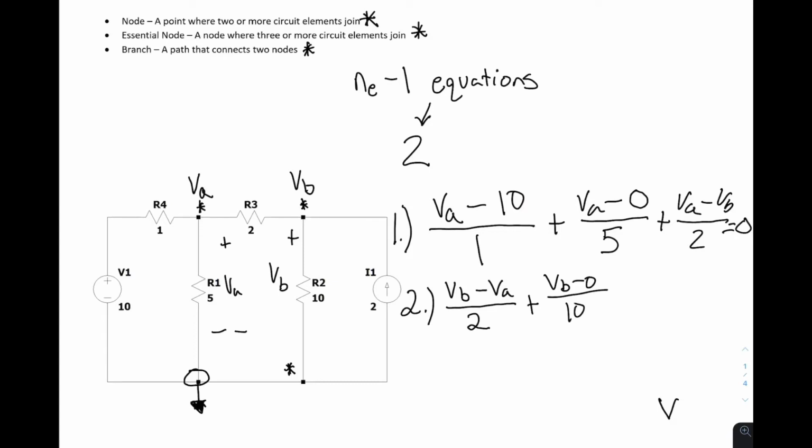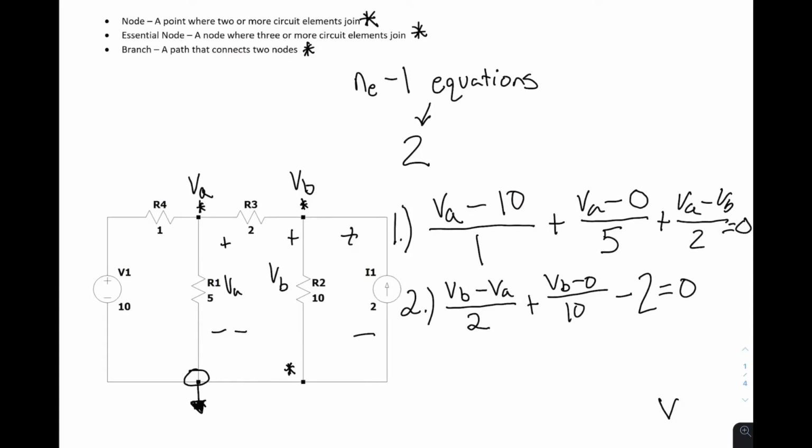And then we're going to subtract the current, which is 2, since we don't have a voltage here, we just have the current. This is all equal to 0. Notice we use negative, because if you're doing the voltage drop away, the current is going the opposite way. It's going on the voltage rise. Therefore, you're going to have negative current.